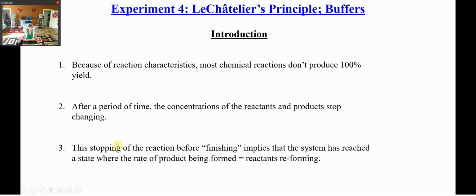This stopping of the reaction before finishing implies that the system has reached a state. This state is related to one important condition: the rate of product formation and the rate of reactant reformation are the same. So the rate for the forward reaction is the same as the rate for the reverse reaction.